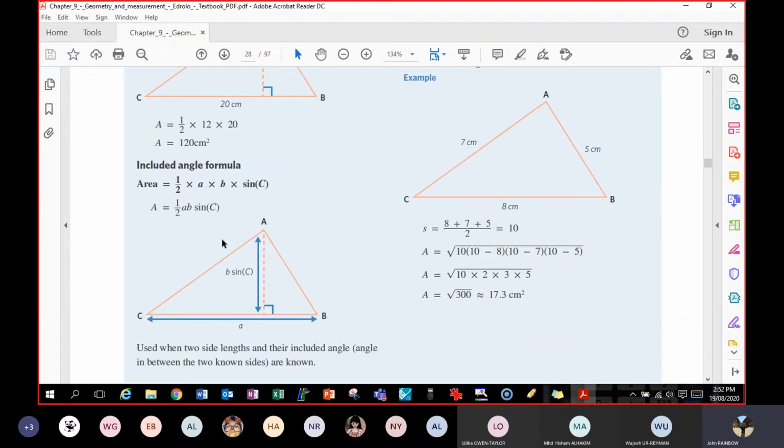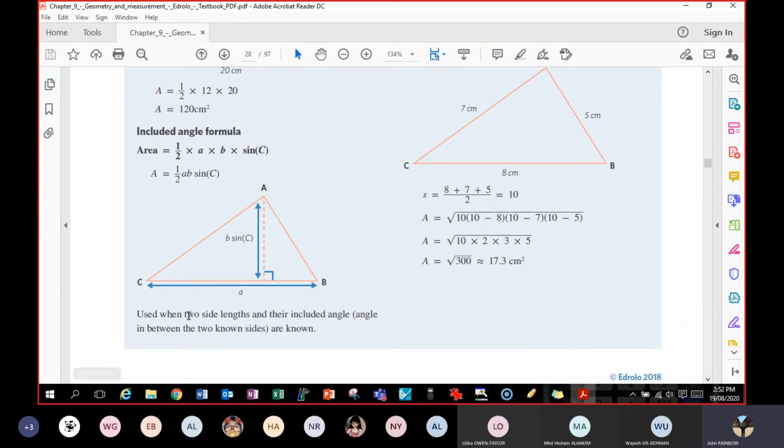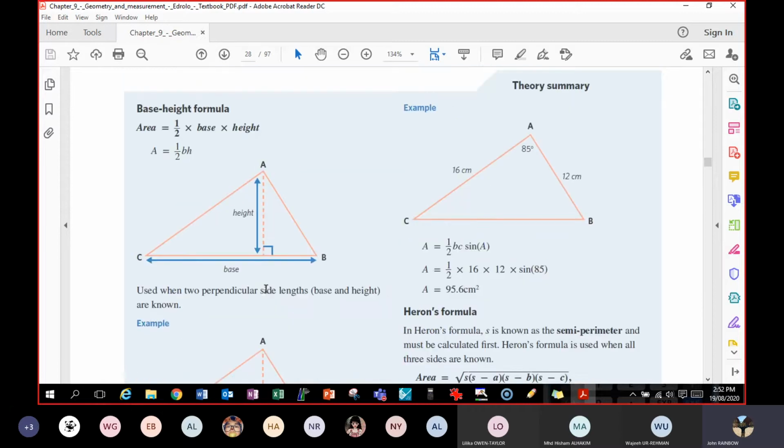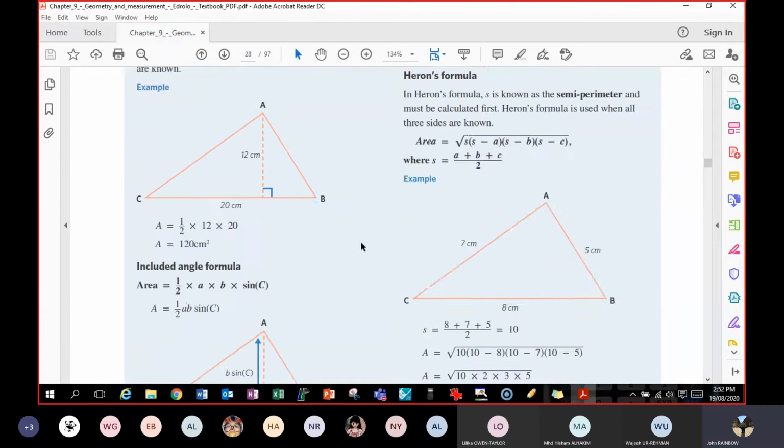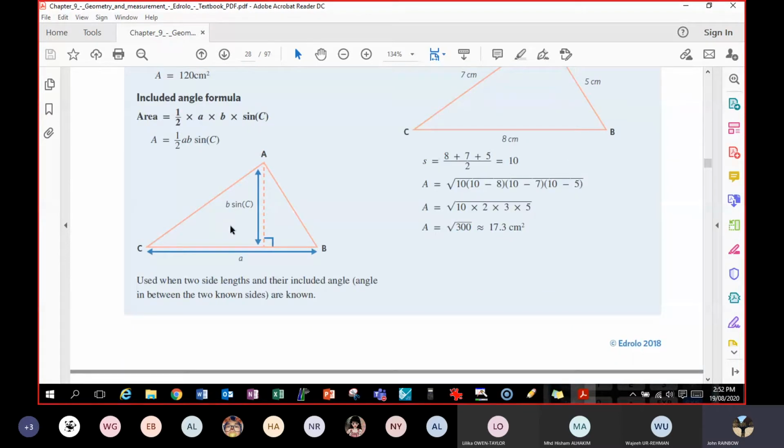Included angle formula. How does this work? It's used when two side lengths and their included angle, the angle in between the two known sides, are known. So what do we mean by that? We've got these two. How does this work?